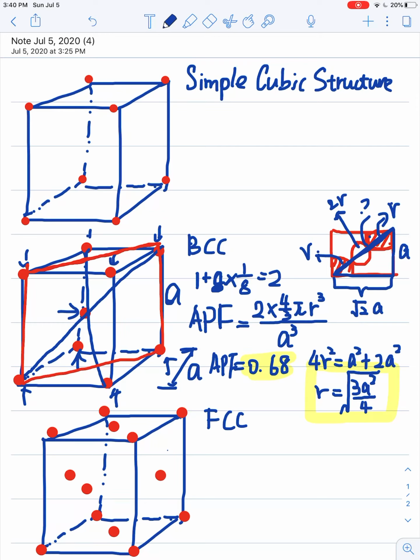So this is actually a very good packing efficiency. This APF tells you how densely atoms are packed inside of a unit cell. Okay, I believe now you should understand how to calculate APF. Can you try to calculate the APF for a simple cubic structure and for FCC structure?